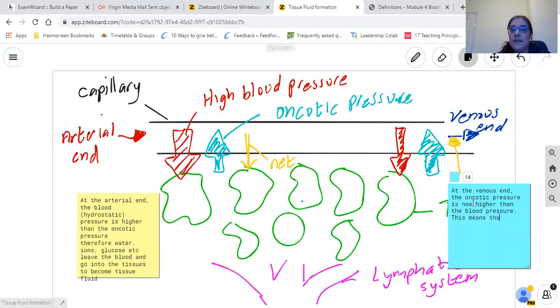This means that the net movement of water, ions, etc., is into the blood. Any fluid that is left in the tissues drains into the lymphatic system.